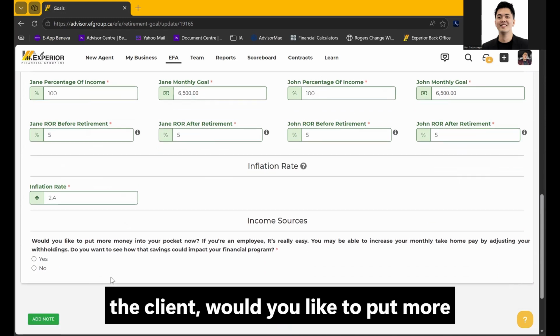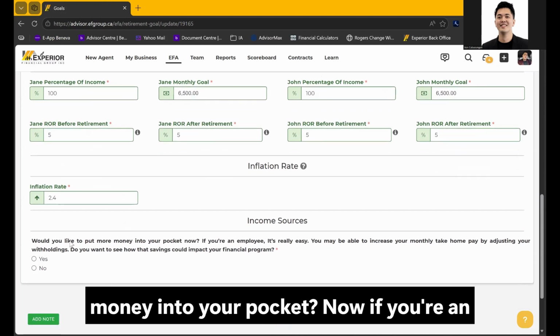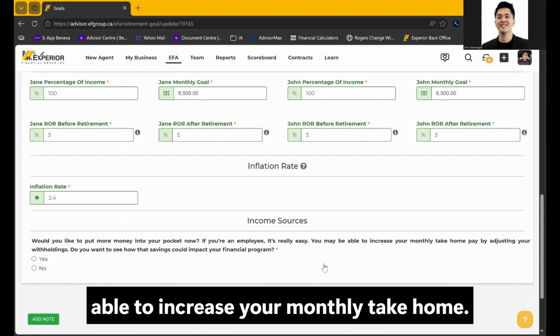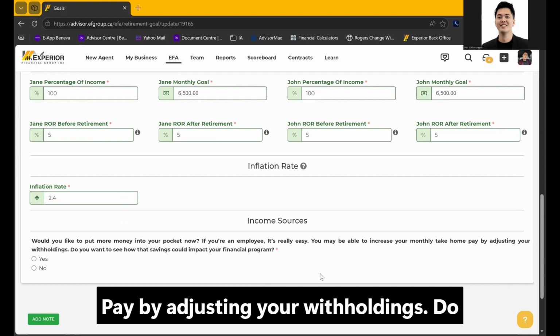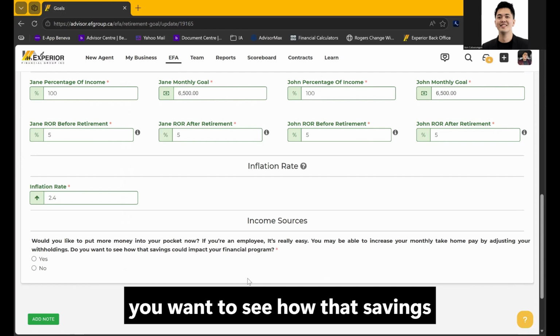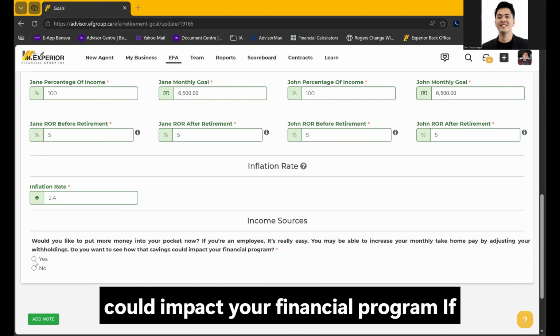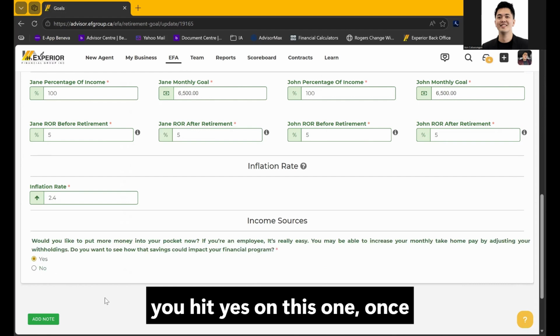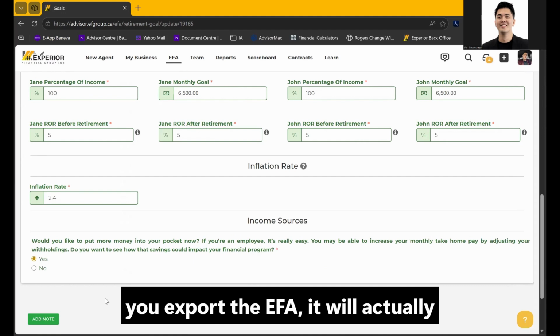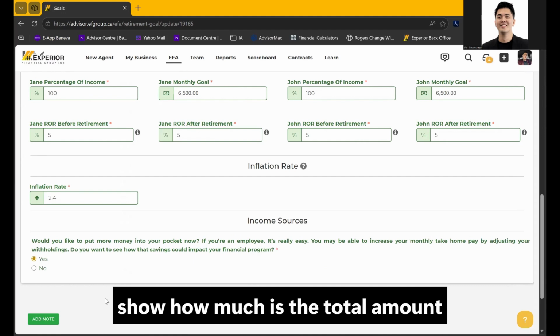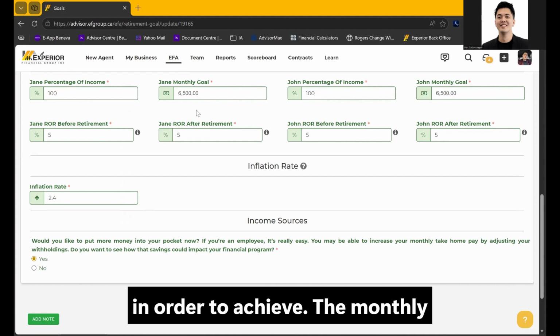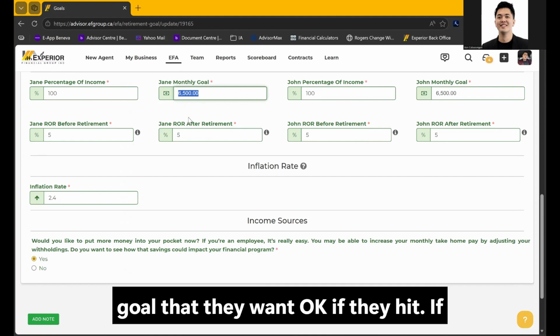And then you would like to ask the client, would you like to put more money into your pocket now? If you're an employee, it's really easy. You may be able to increase your monthly take home pay by adjusting your withholdings. Do you want to see how that savings could impact your financial program? If you hit yes on this one, once you export the EFA, it will actually show how much is the total amount that they need to save every month in order to achieve the monthly goal that they want.